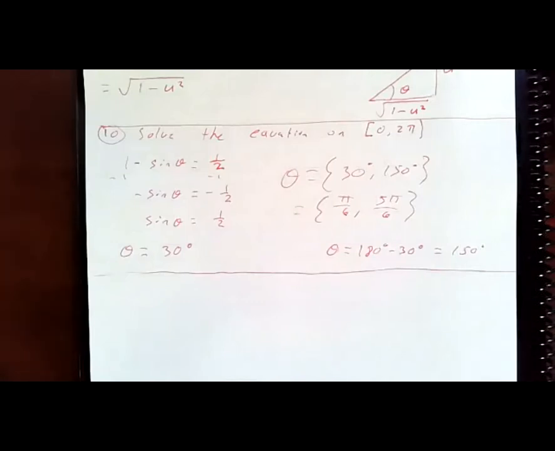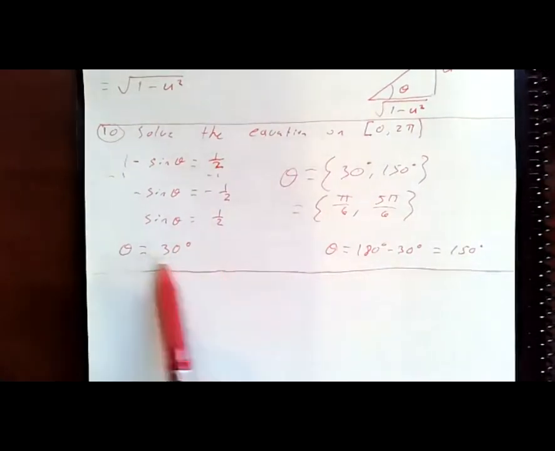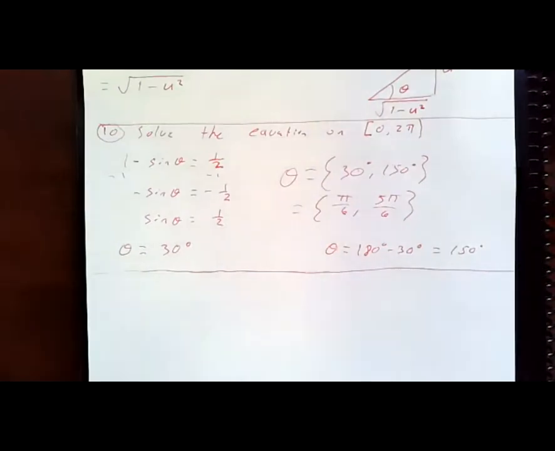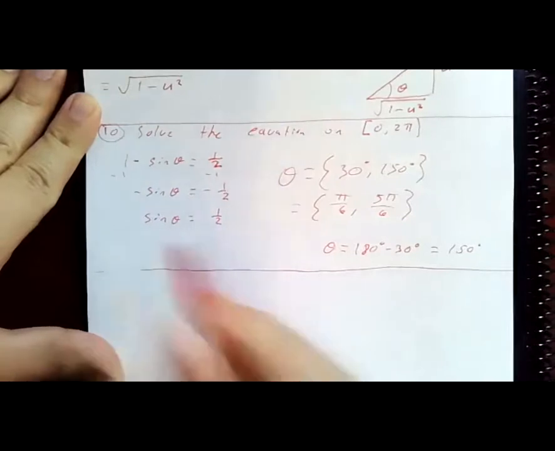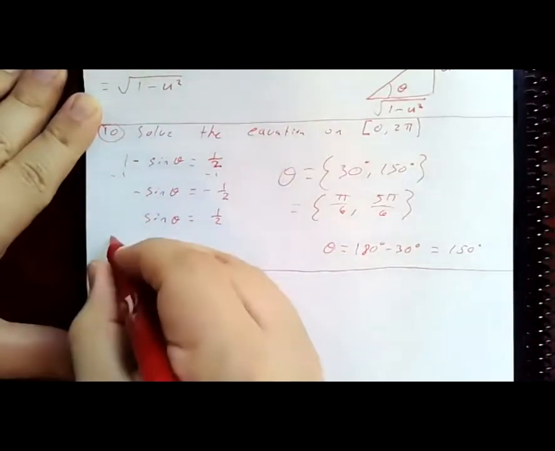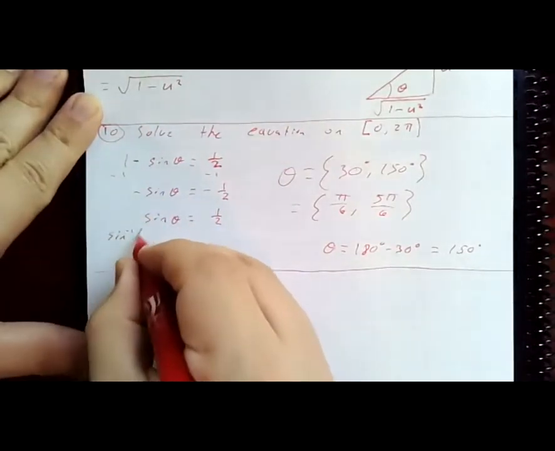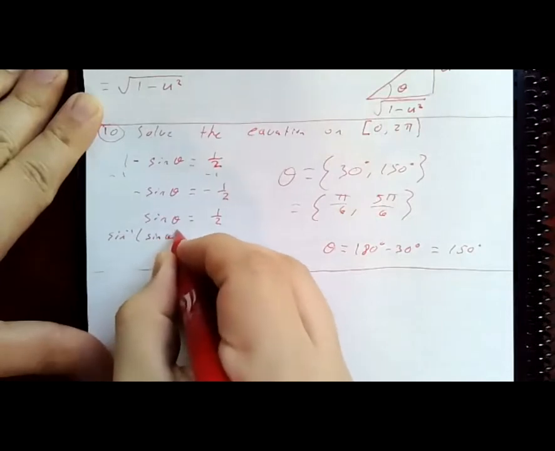Okay, so real quick, you said that if it wasn't on the circle, we would do 180 minus this value. Let me show an extra step. You would have to do sine inverse of both sides to solve for theta, right?